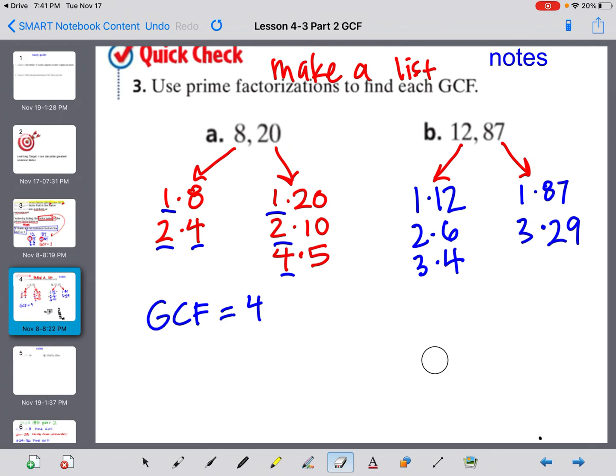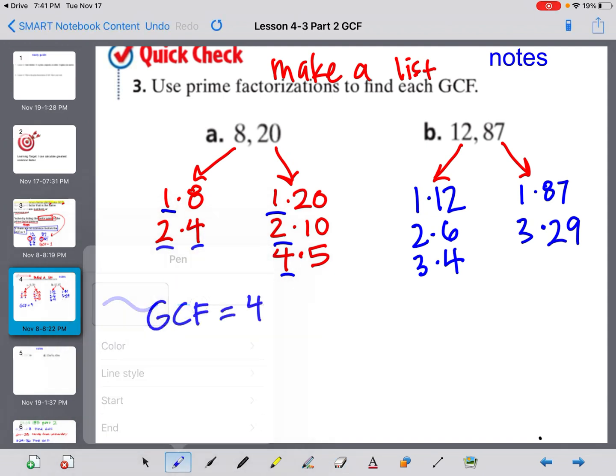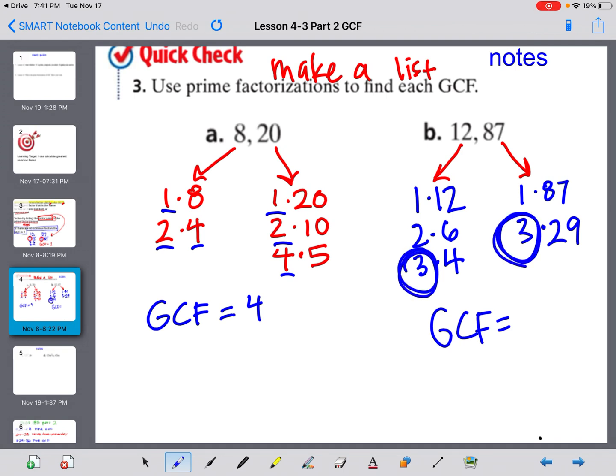Okay, so I used my 12 factors to help me. And that's not going to be any of the options right here. So I just found out that the greatest common factor is 3.